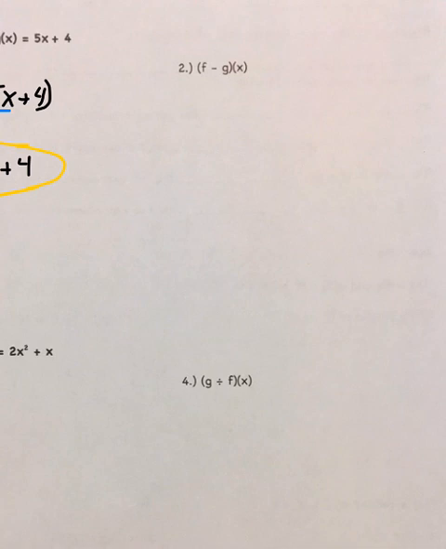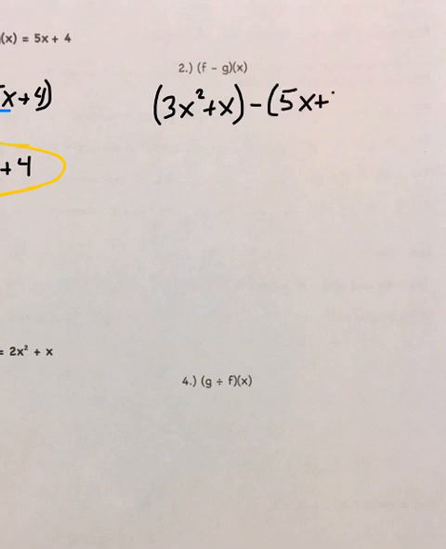We have f minus g of x using the same values. So we're going to have f, which is 3x squared plus x in parentheses, and we're going to subtract g of x now. So before we added it, now we're subtracting. And when we subtract, that gives us an extra step. So I'm going to rewrite it. 3x squared plus x, and then I have to distribute the minus sign.